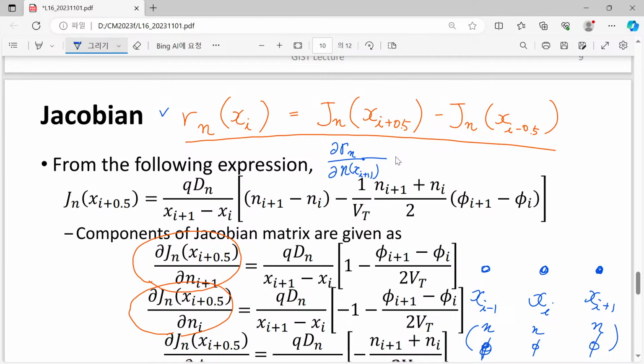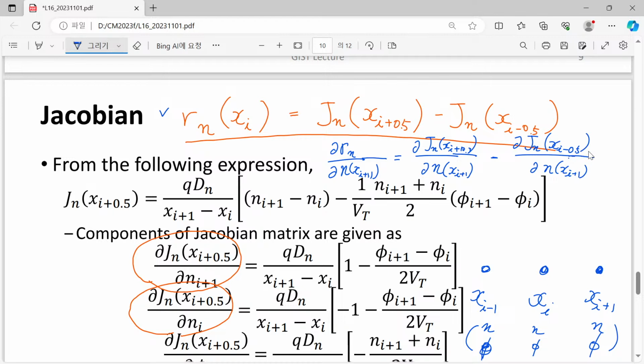In this case, since R is so simple, we can individually take Jn evaluated at 0.5 and I plus 1 minus Jn evaluated at minus 0.5 and xi plus 1.